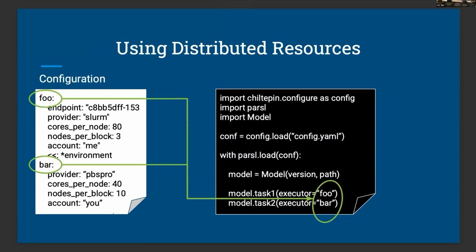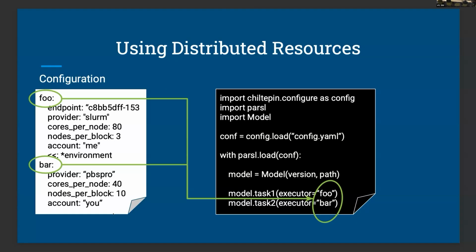And what this allows us to do is we have our configuration with the named resources, and then in our workflow, we just load the configuration, and then we can have a set of tasks that are all wrapped up inside of a Python class, and we can call those tasks and give an executor just by name at runtime.